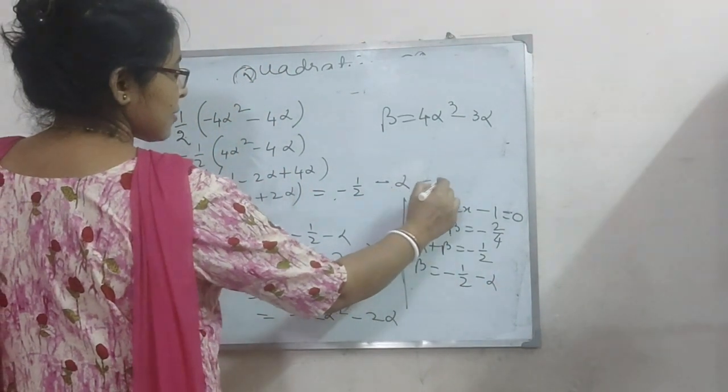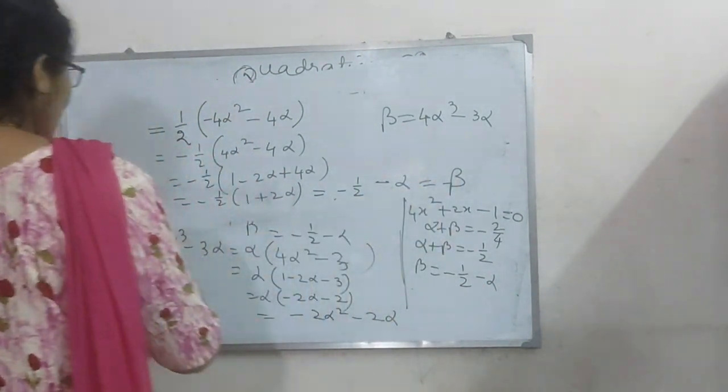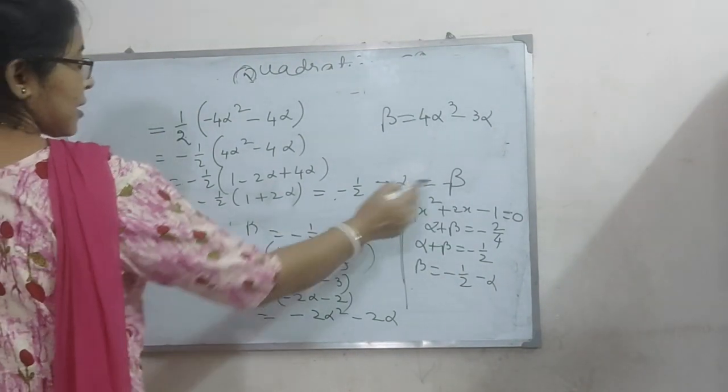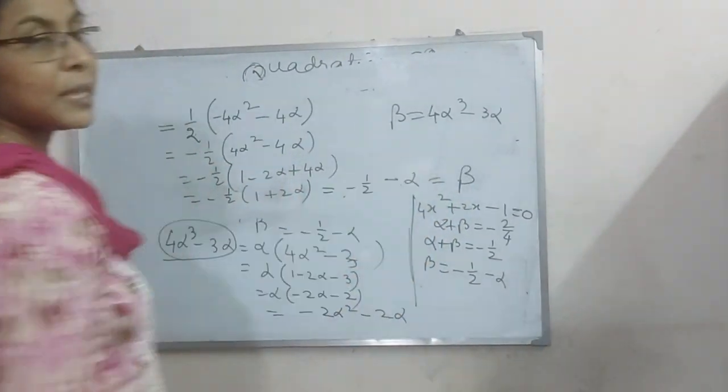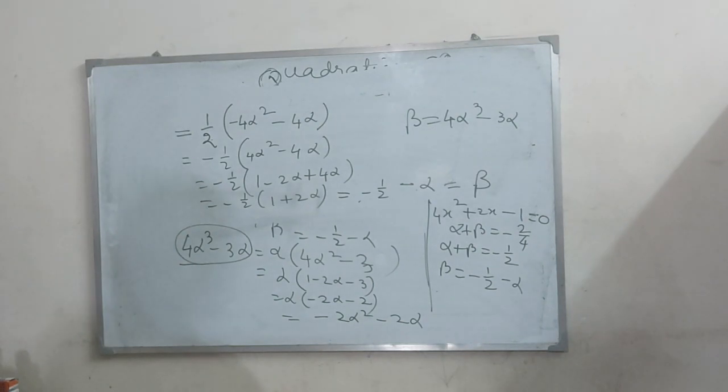So 4 alpha cube minus 3 alpha equals beta. We have to prove this, and hence it is proved.